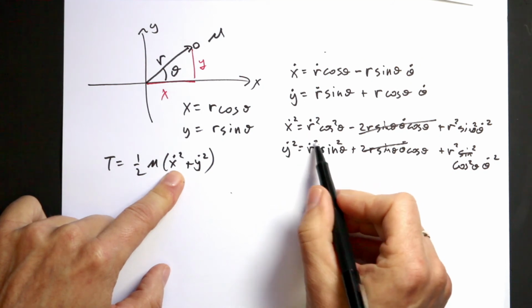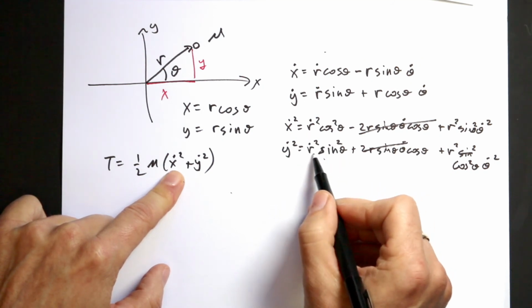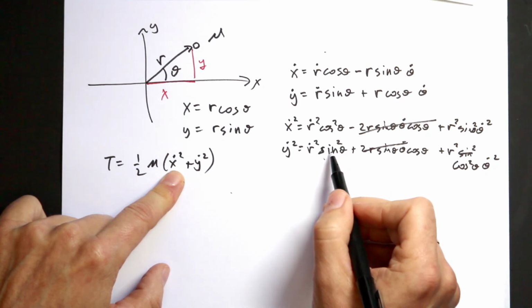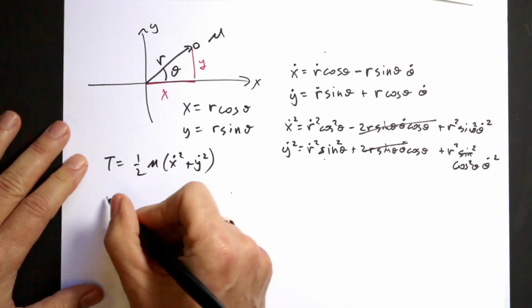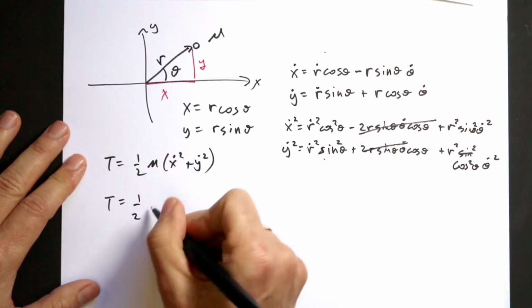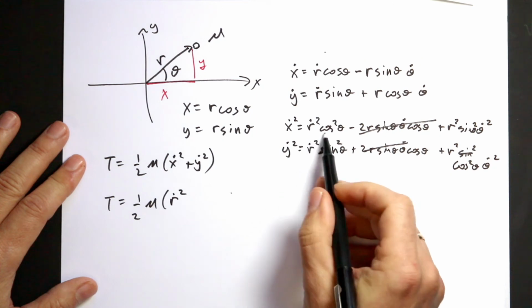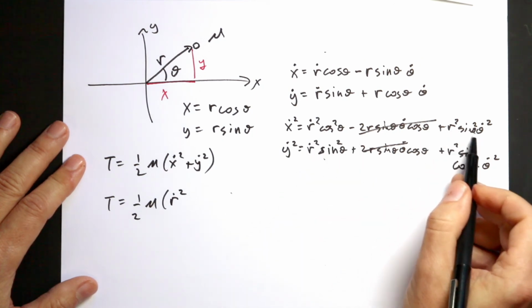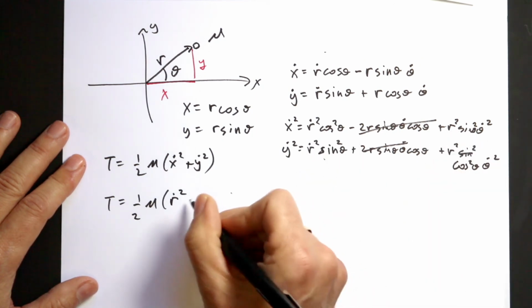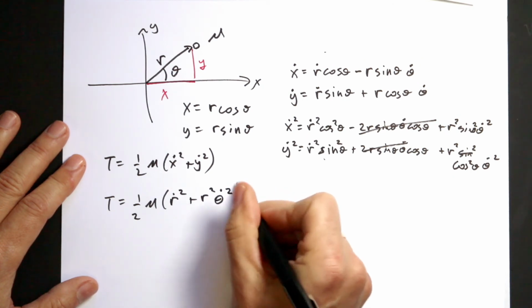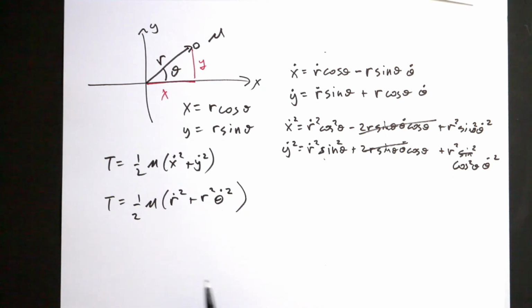I have r dot squared cosine squared theta, r dot squared sine squared theta. The cosine squared plus sine squared factors out, and I get 1. So I get T is 1/2 mu r dot squared. And then this term over here, I have, again, the sine squared plus cosine squared factor out, and I get plus r squared theta dot squared. And that's my kinetic energy.